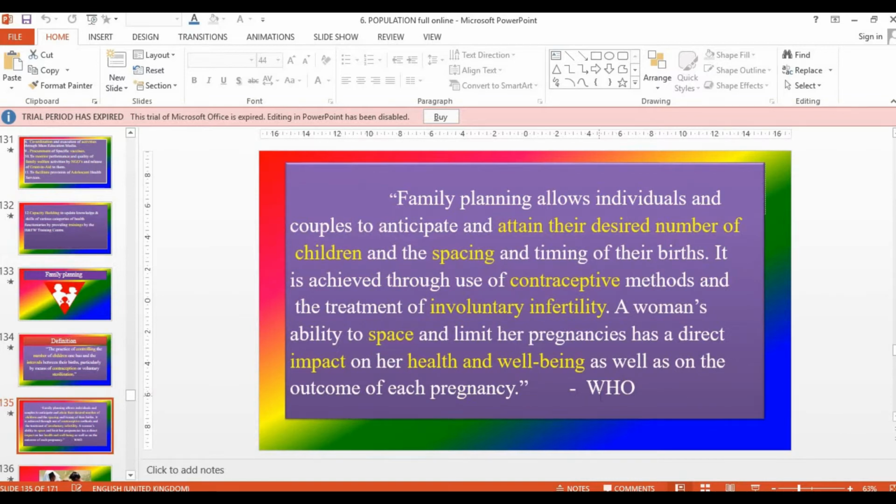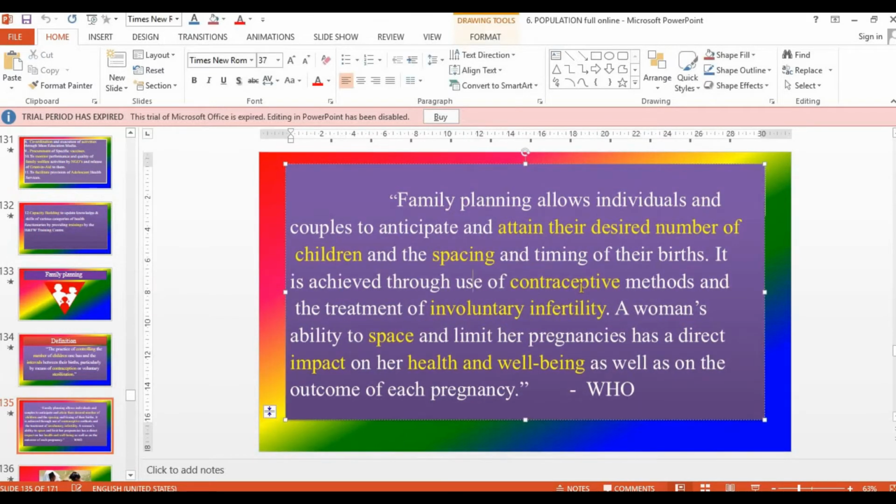According to WHO, family planning allows people to attain their desired number of children, through spacing and timing of births, use of contraceptives, and treatment of involuntary infertility.